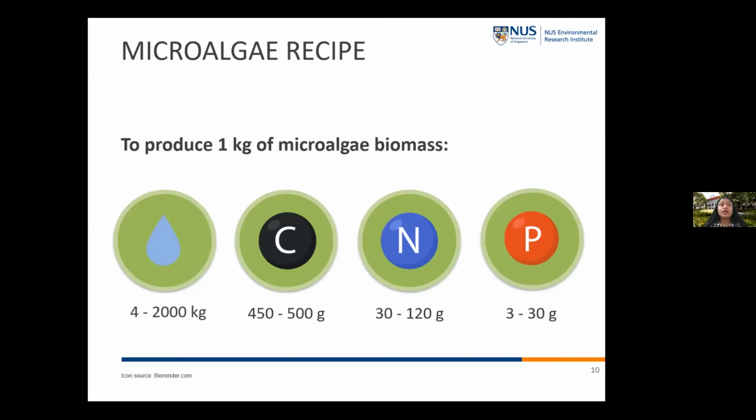So we have to concentrate the carbon dioxide from the atmosphere, which could be cost intensive. We can use industrial flue gas, but there are certain other problems which I will not go into detail for now.